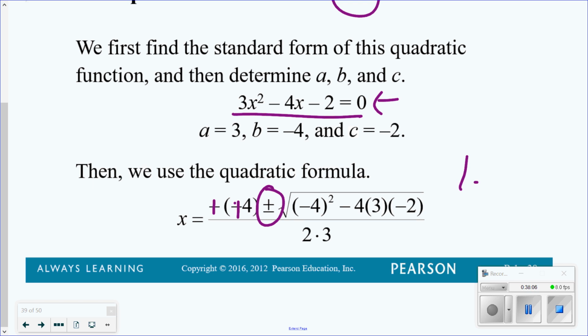So one answer is 1.72, and the other answer is 4 minus 6.32 divided by 6. So the other answer was -0.39. Those are the two answers that you get using the quadratic formula.